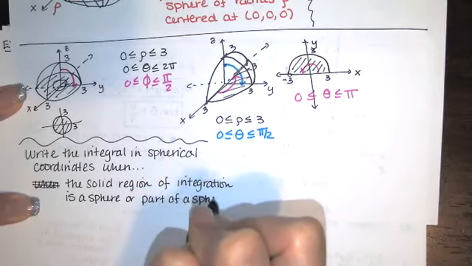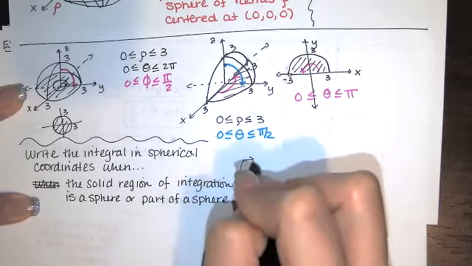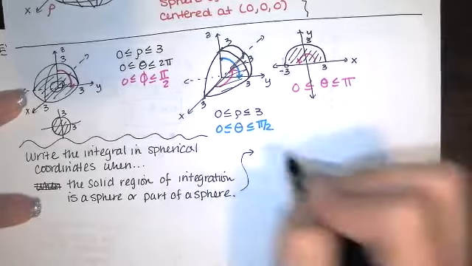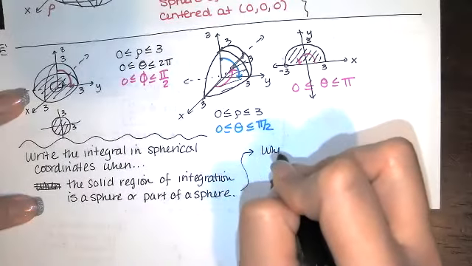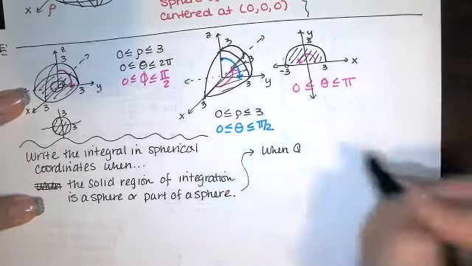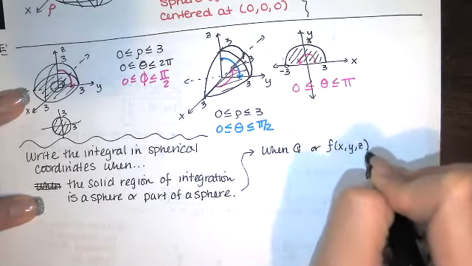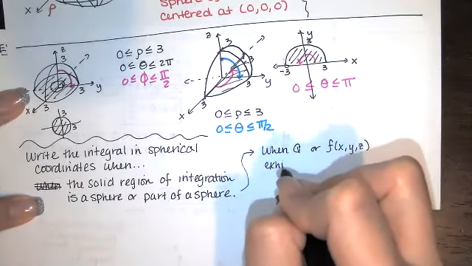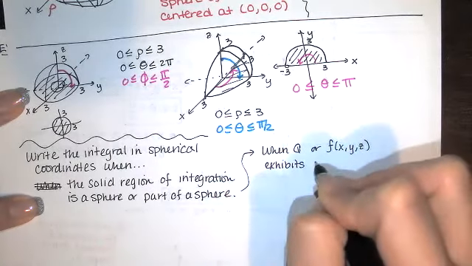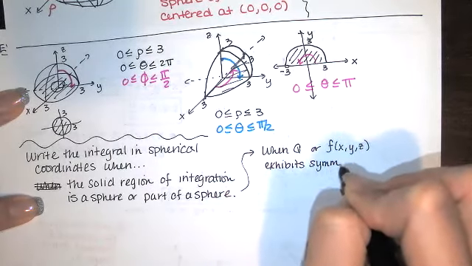There's a more sophisticated way to say this. We say when the region of integration, Q, or the integrand f of x, y, z, exhibits symmetry about a point.